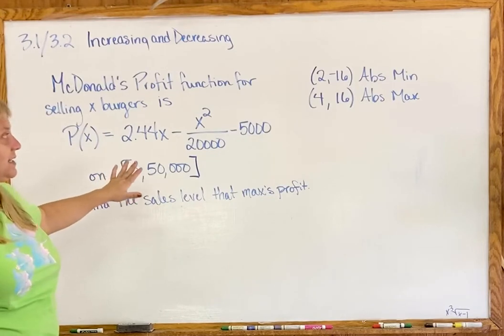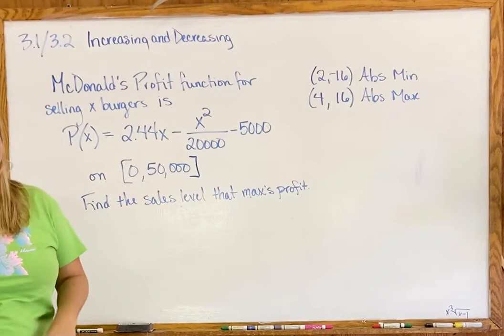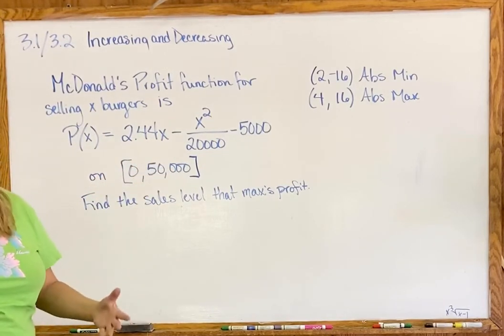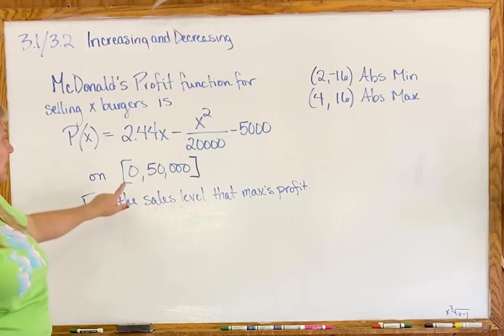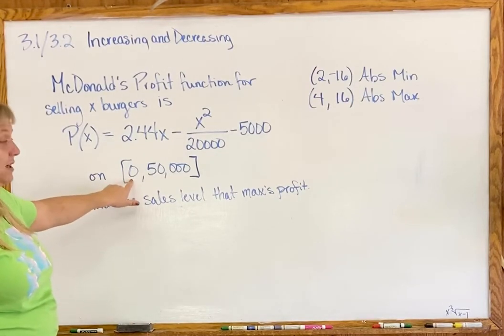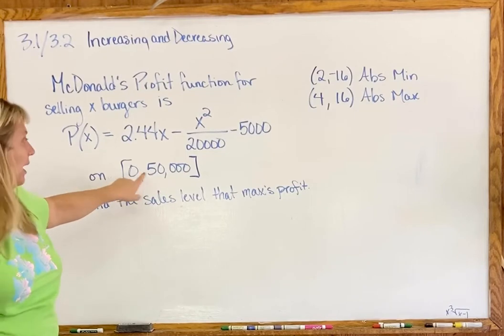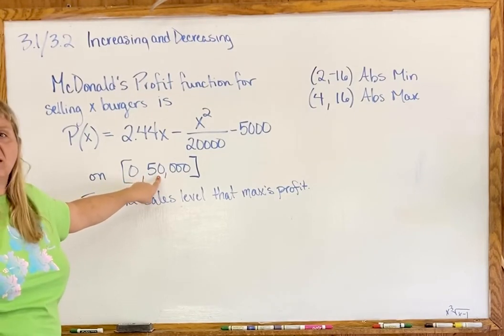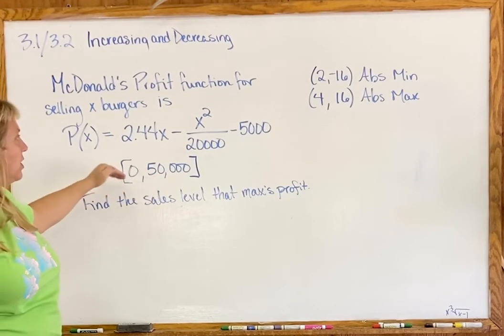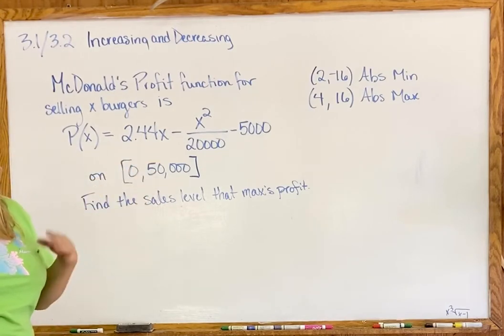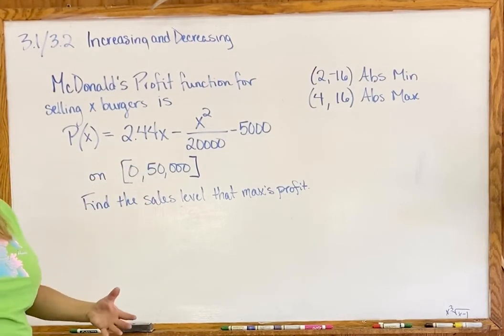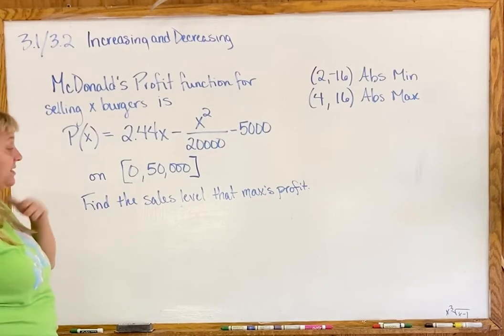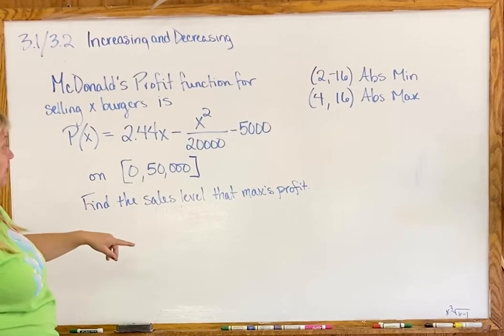The idea is that McDonald's can't just produce an infinite number of burgers in, let's say, a month. There's only a certain number. So they know that they can go between 0, right? They could produce none. And 50,000 is about the max that they can supply. So they want to know where the sweet spot is, where their profit will be maximized. So that's going to be an absolute max that we're looking for.